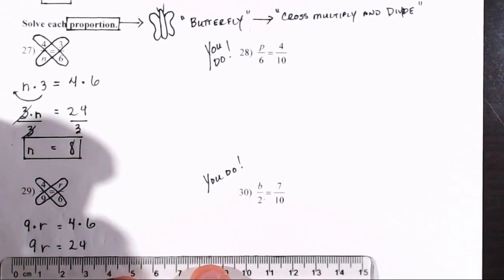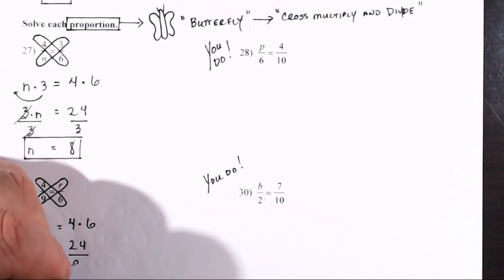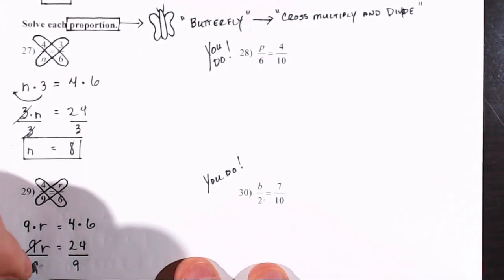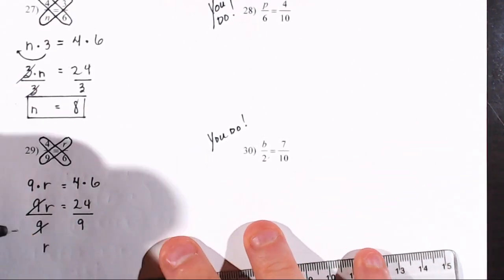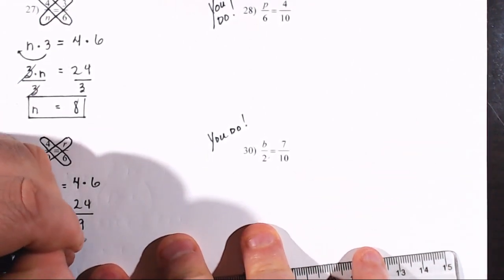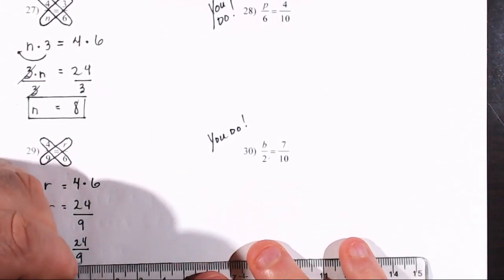Now what I'll do is divide both sides by 9 in order to get rid of the 9 on the left. And now I've got r equals 24 over 9.